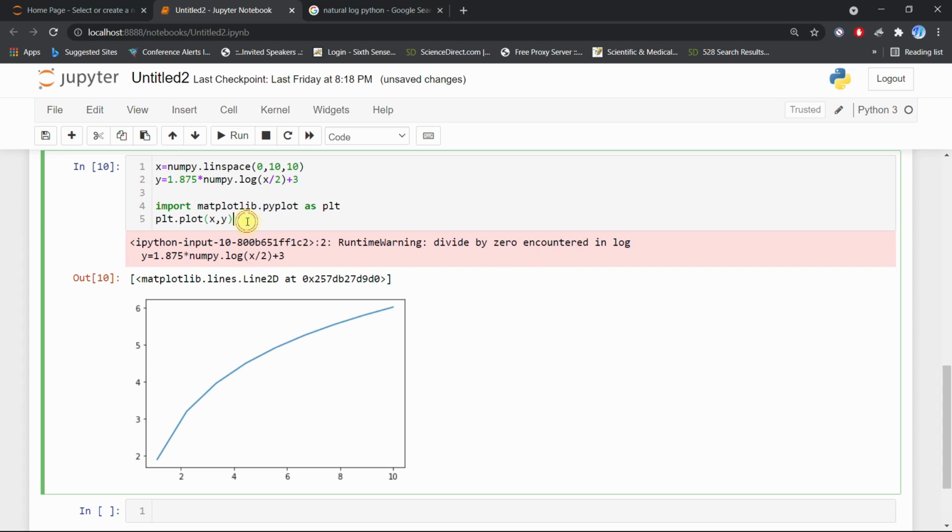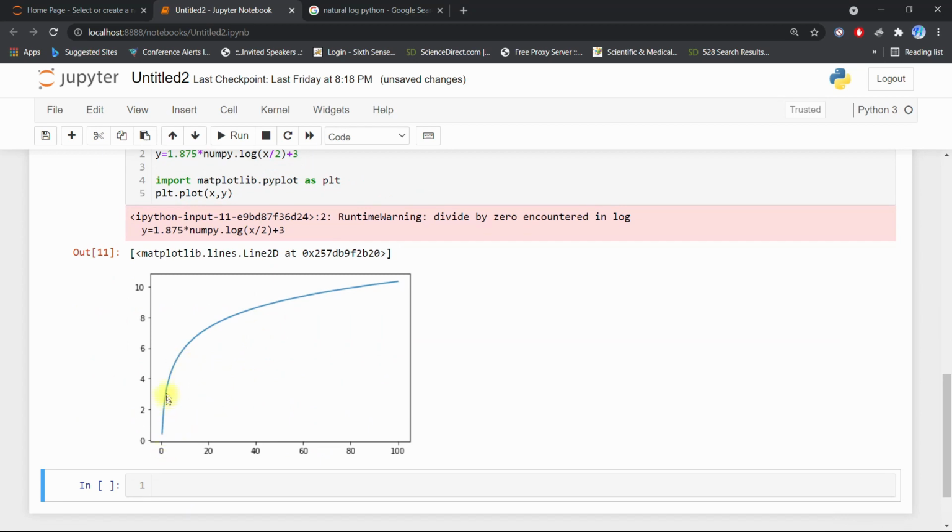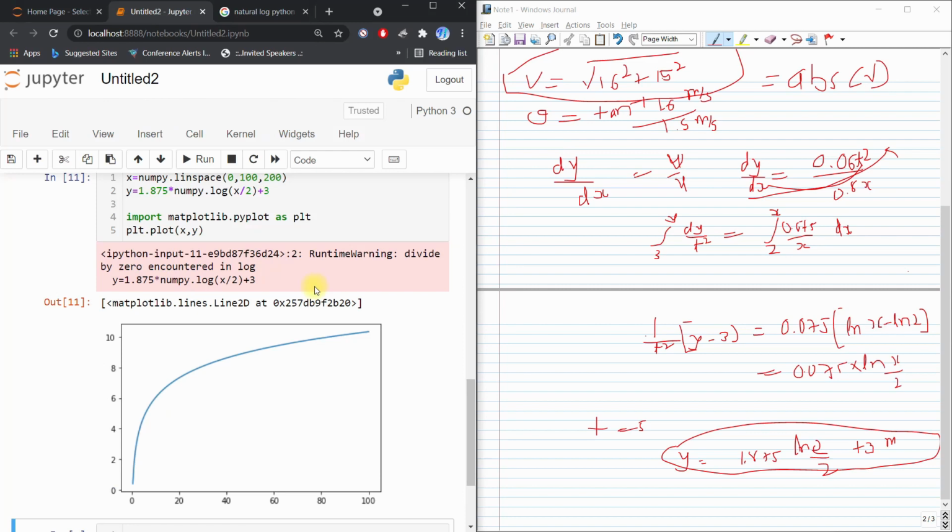In this way I will change the number of divisions to 200. If I run this code, here you can see that I got the graph of the velocity profile of this function.